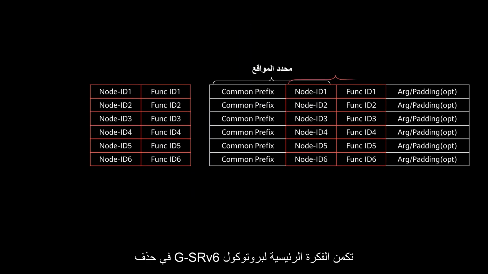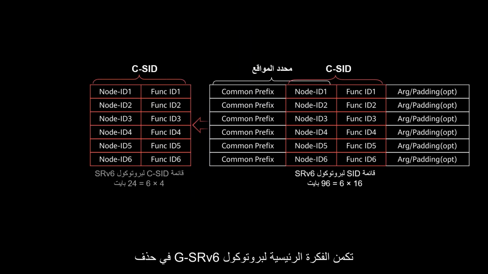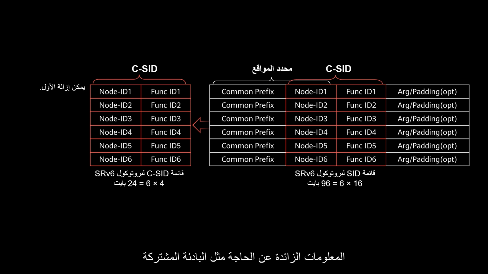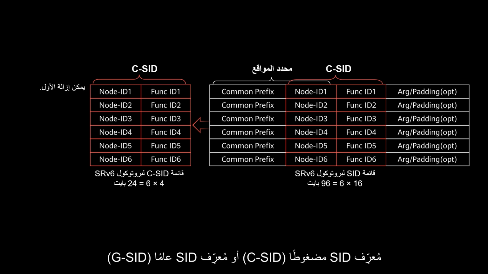The main idea of G-SRv6 is to delete the redundant information, such as the common prefix, from the SID list, and carry only the variable information like node ID and function ID, thereby achieving packet header compression. The variable part is called a compressed SID, C-SID, or generalized SID, G-SID.